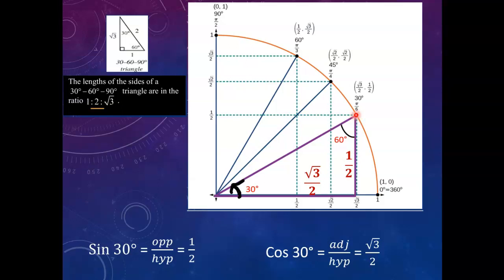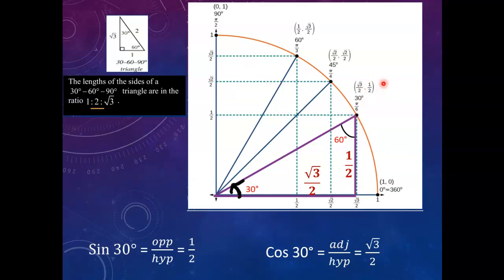Now, this point here corresponds to a value of x and a value of y. So what is x and what is y at this point? If we base it from the distance along the x-axis, that's the x value. The x value of the point must be square root of 3 over 2 as shown. And then the distance with respect to the y-axis, the vertical side here, is 1/2.